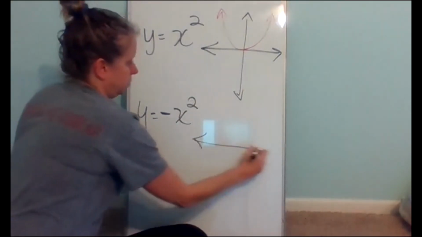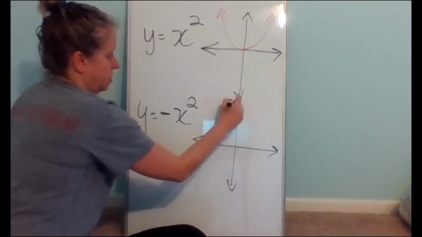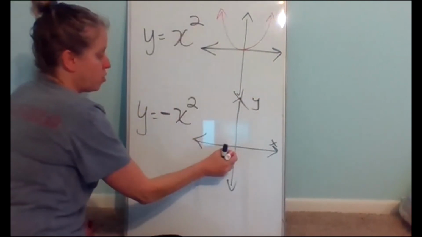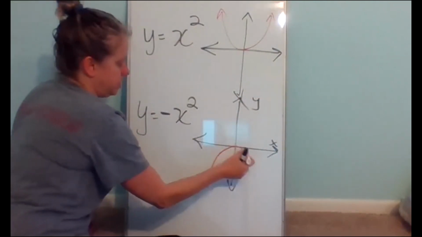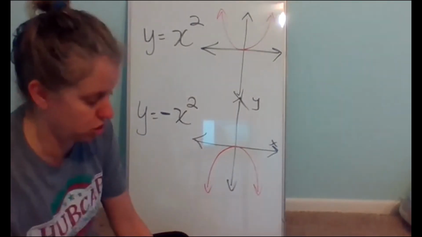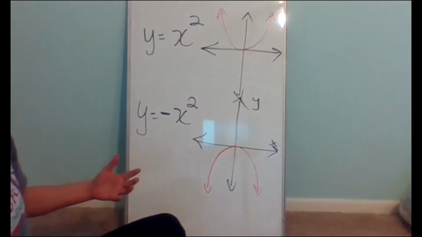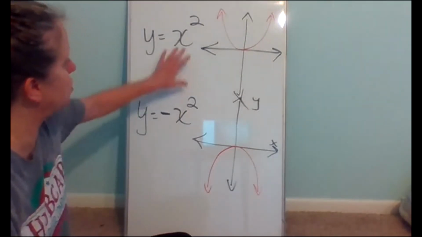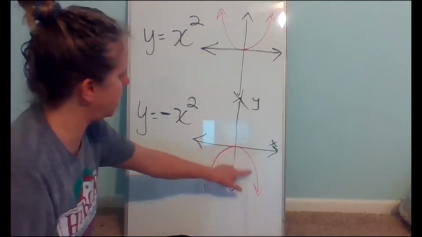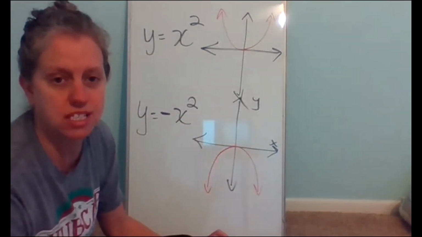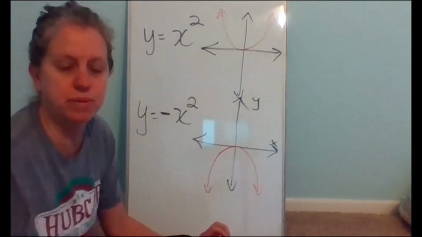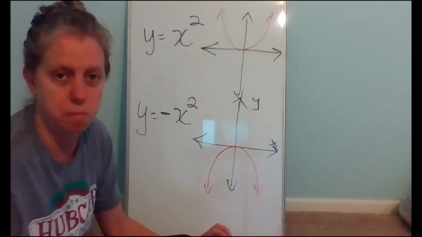This one would be the same graph, but flipped upside down, which is not necessarily the mathematical term for that. What they call this is, if you have that negative like that, it's reflecting it across the x-axis. That's what makes it go upside down.